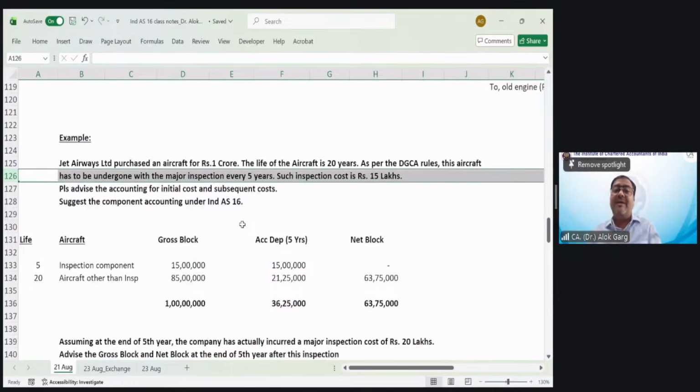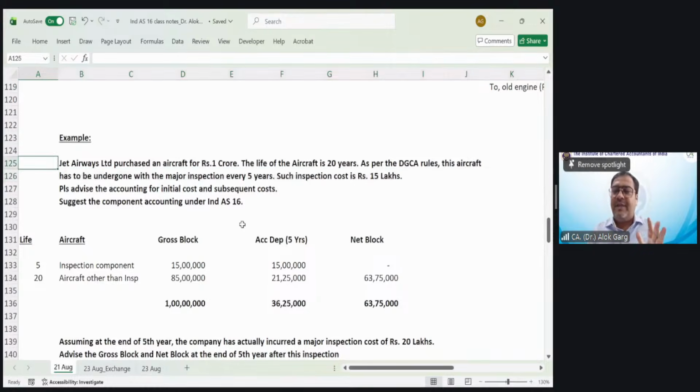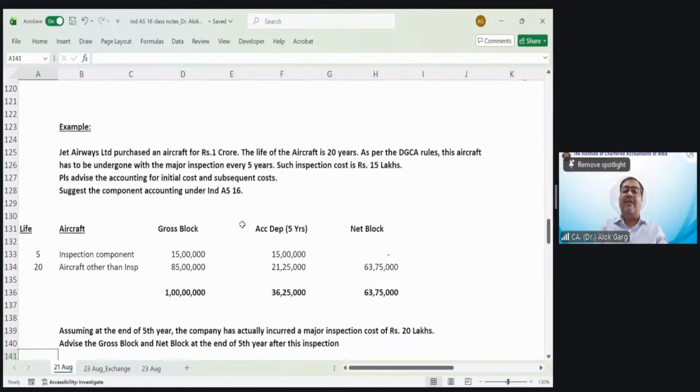But here the date and period are not given. It is only given that such inspection cost is 15 lakh. It means it was 15 lakh earlier also and is 15 lakh currently. That's what I have assumed.